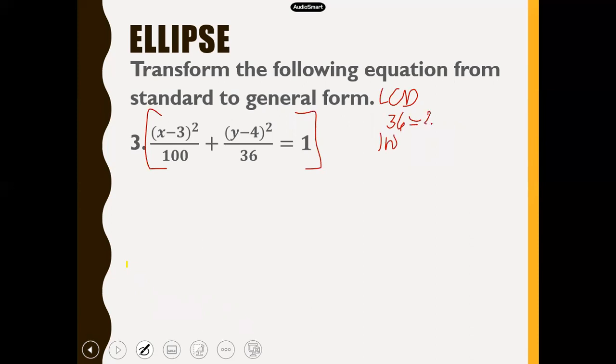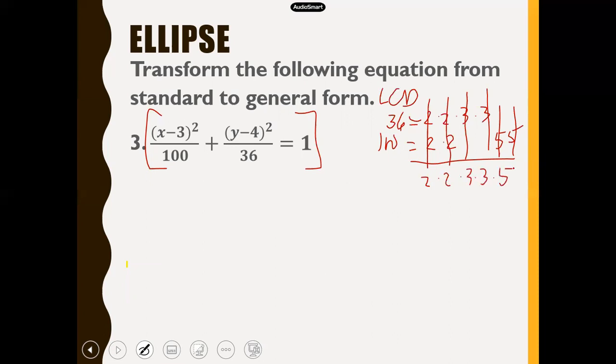So that will be 2 times 2 times 3 times 3. 2 times 2 for 100 times 5 times 5. So LCD ng 36 and 100 is 2 times 2 times 3 times 3 times 5 times 5. So LCD natin is, multiply na natin, that will be 900. Okay, so LCD is 900.